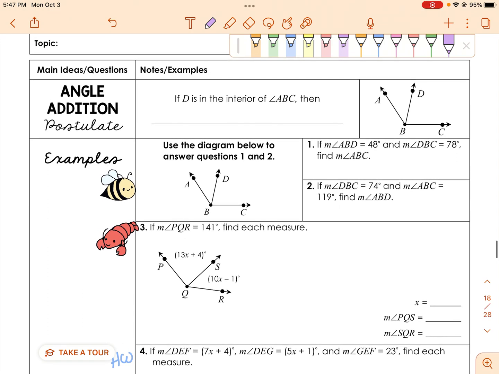Okay. And then finally we have a little bit of angle addition postulate, which basically says that if you have two angles that are forming up another angle, if you add them together, they're going to equal the big angle. So we have this little one, we have this little one, and they should add up to the big one. And I'm doing different tick marks here just to show that they're all different.